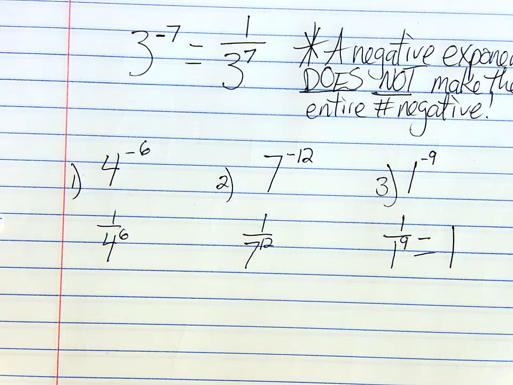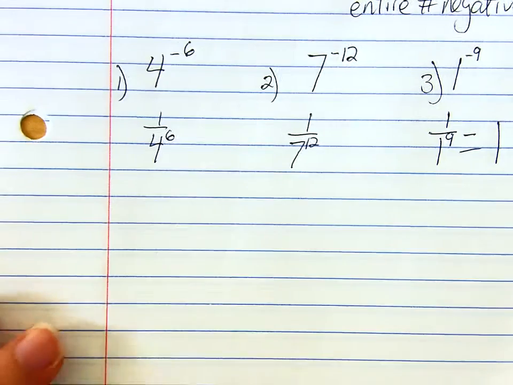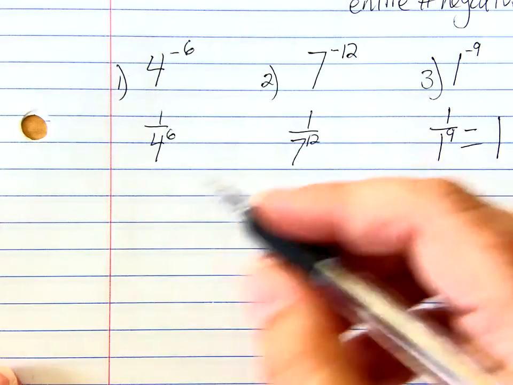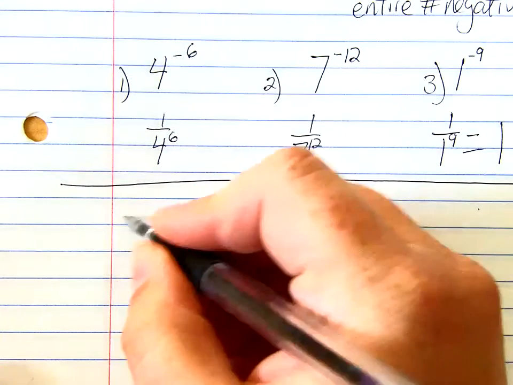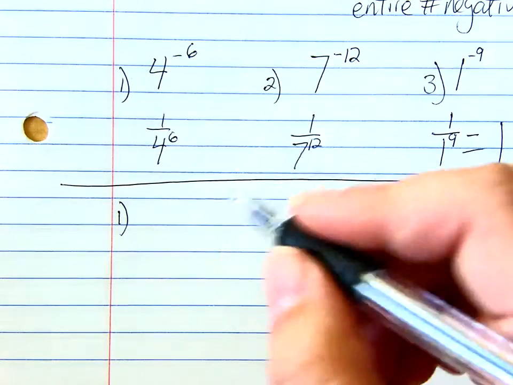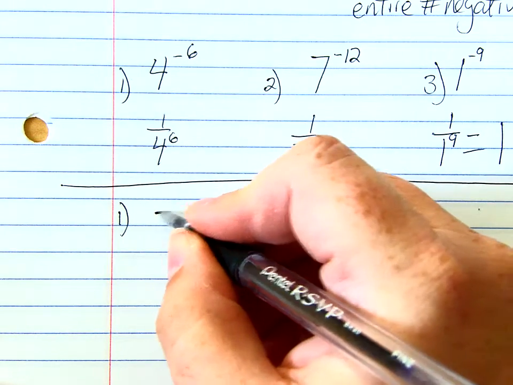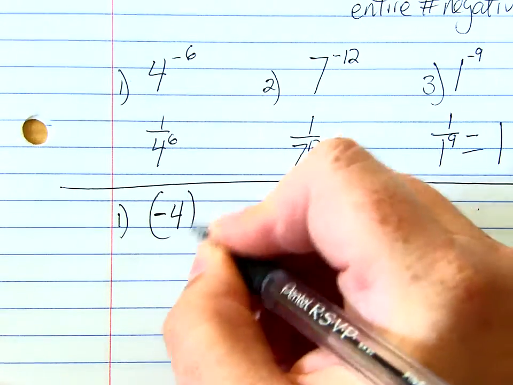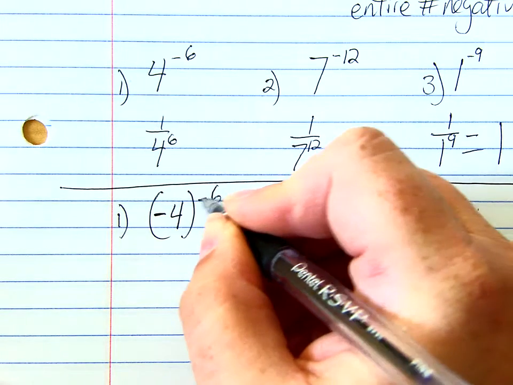Okay? Now, here's what I want to try. I'm going to mix negative numbers with negative exponents. Let's see how we do with these. Follow your order of operations. Be careful. So let's try a new set. What if I asked you to do -4 to the -6th, like that?